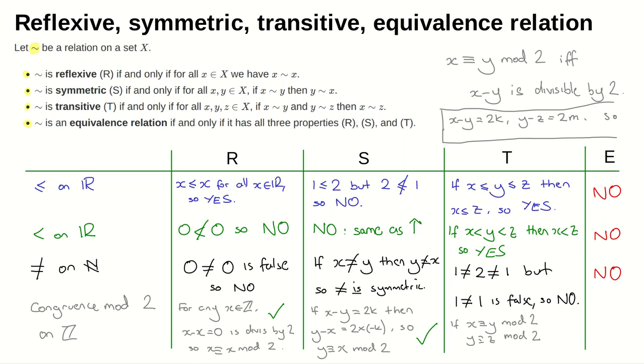So I want to know, is x related to z? And to figure that out, I need to know about x minus z. Is that divisible by 2 or not? And the answer is yes, because if I add these two equations here, I cancel the y's, and I get x minus z is equal to 2 times (k plus m), and that is a multiple of 2.